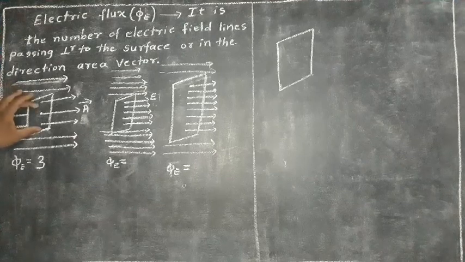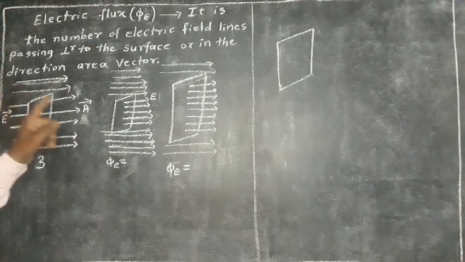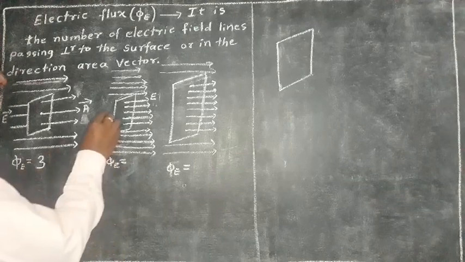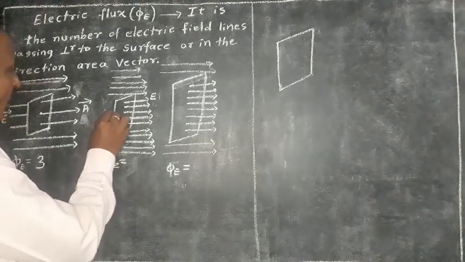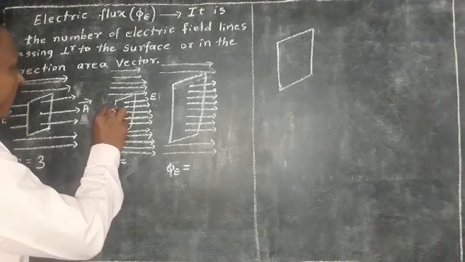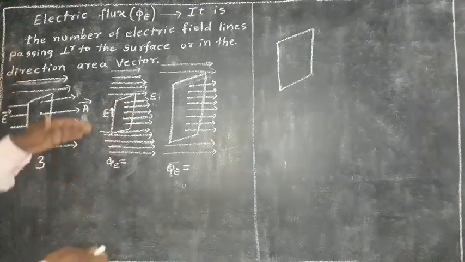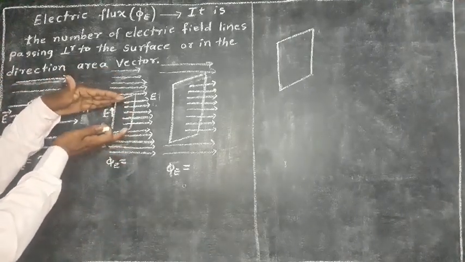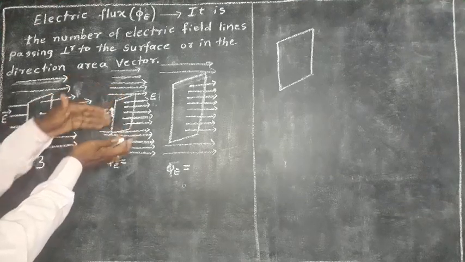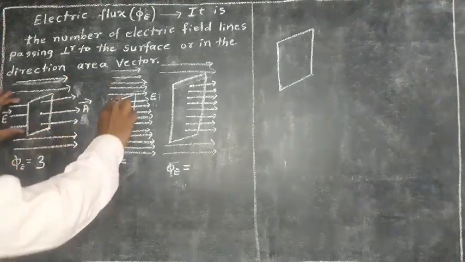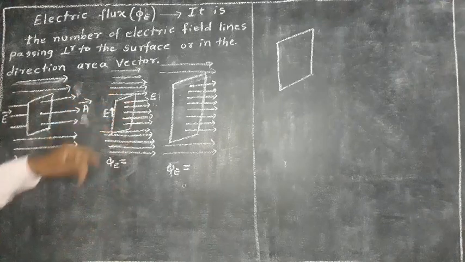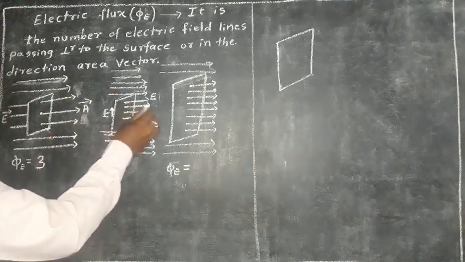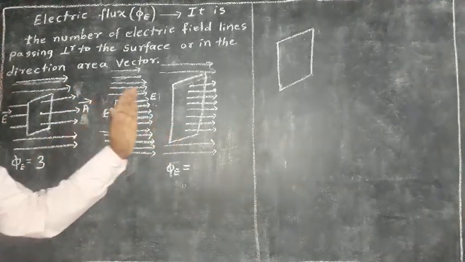And now if the intensity of electric field is increased, the field lines become closer, and therefore for the same area more number of field lines pass perpendicular to this surface.